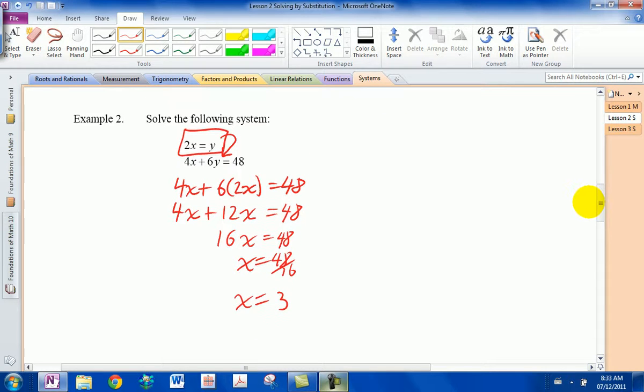So when you solve for x, you have to multiply this 6 times the 2 to get 12x. Collect like terms, so 4 plus 12 is 16x. Divide by 16, x equals 3.